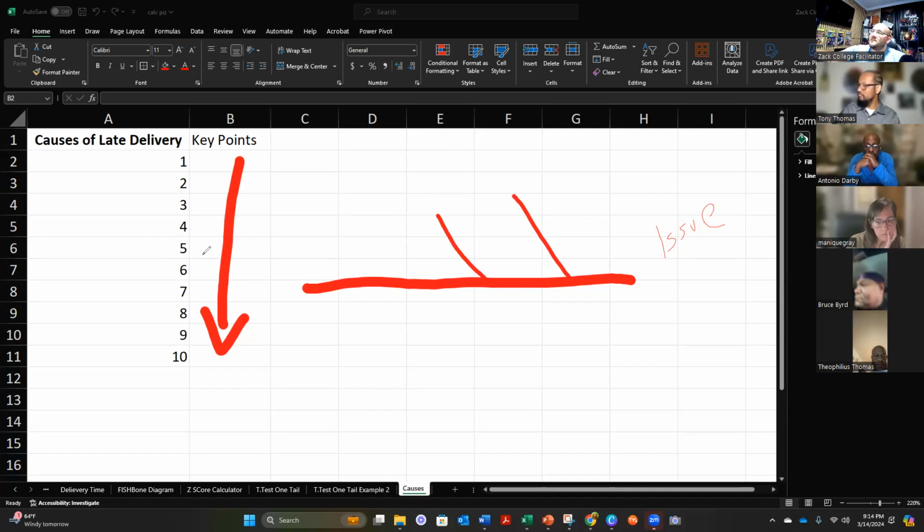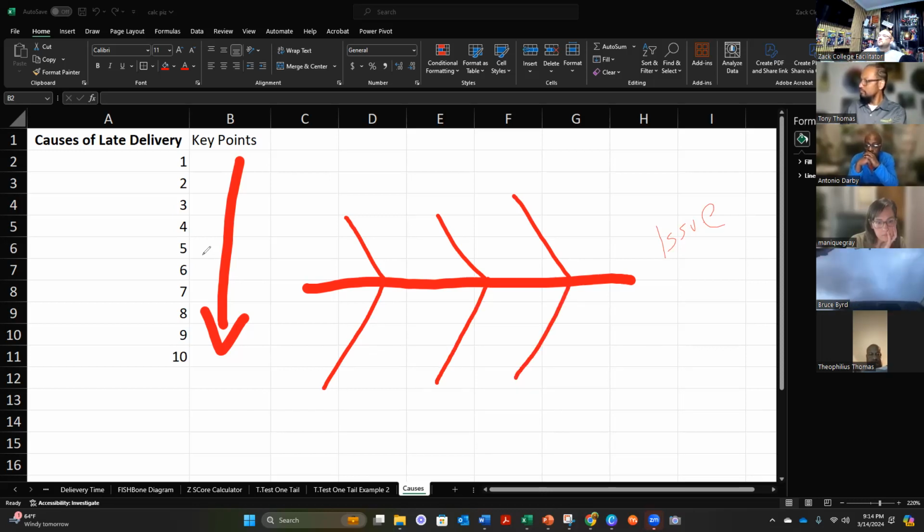This is essentially what a fishbone diagram is: a way we can code and classify things, right?